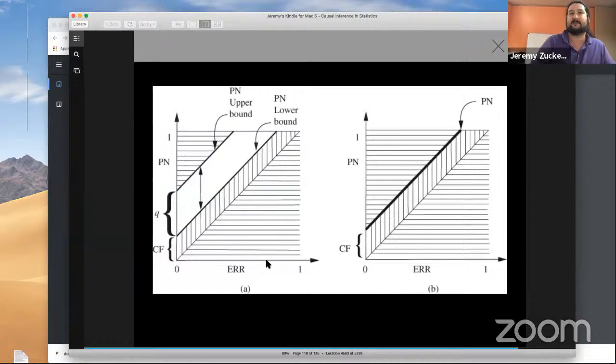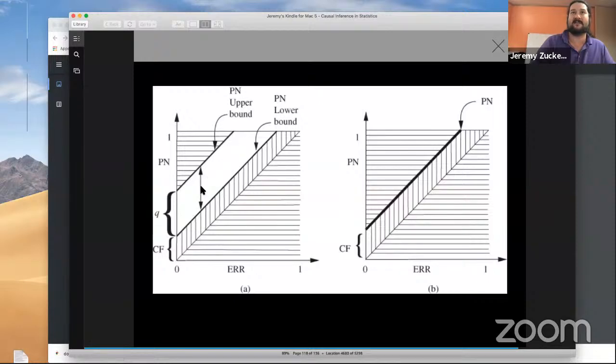But this is where you break it down. So here's the excess risk ratio, here is the correction factor, and here's Q. So this is the probability of necessity up here, and this is the upper bound for the probability of necessity, and that's the lower bound. Q determines that gap, and it's true for any value of the excess risk ratio.